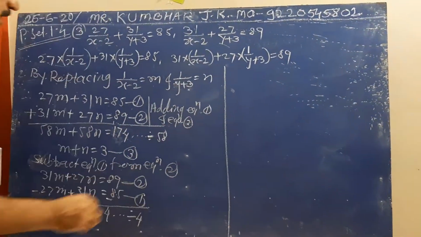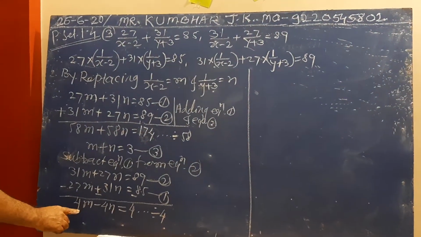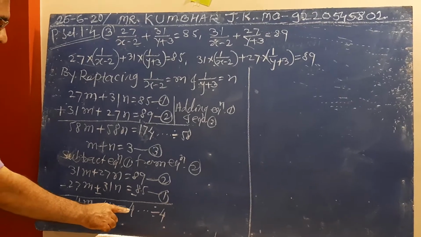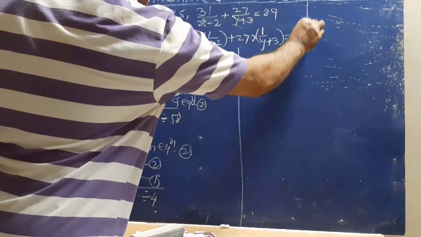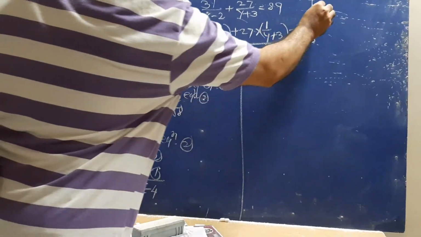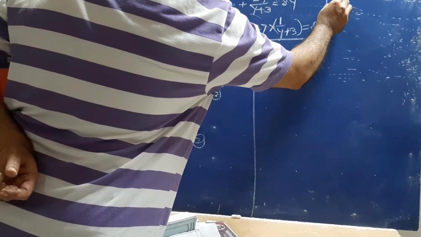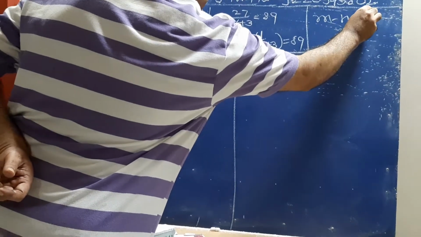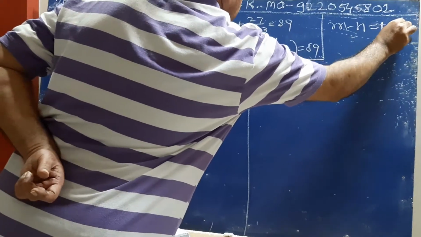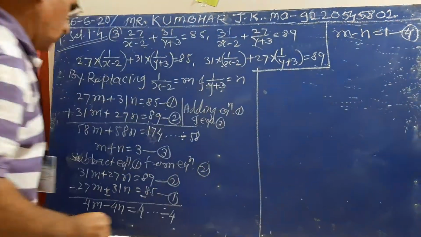Divide both sides by 4. We get m minus n is equal to 1. I can write here m minus n is equal to 1 is equation number 4.